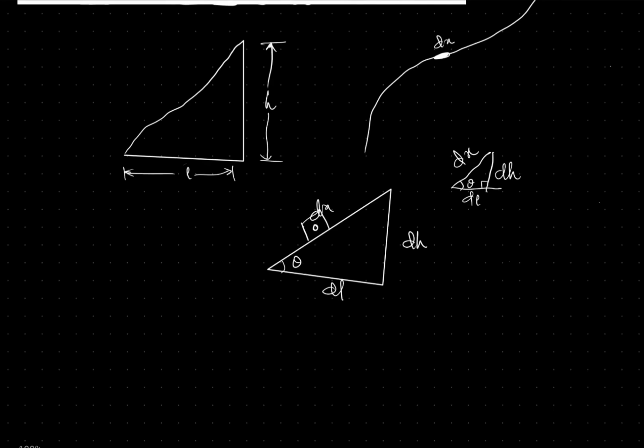So the block is right here, and mg is acting downwards. This is mg cos theta normally, and mg sin theta along this side. Also there will be some frictional force equal to mu mg cos theta, because the normal force is mg cos theta, acting in this side.